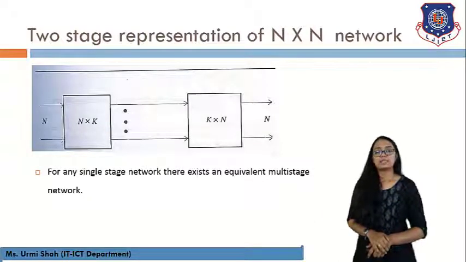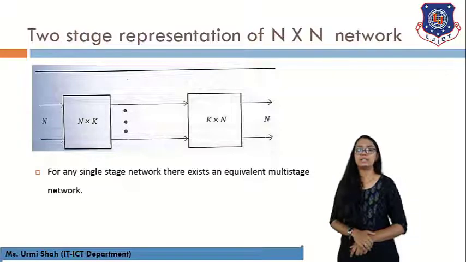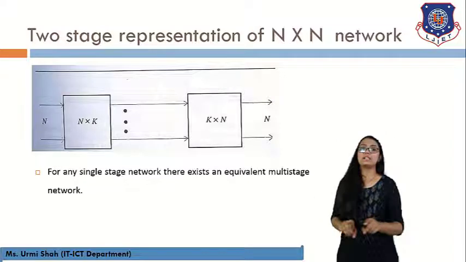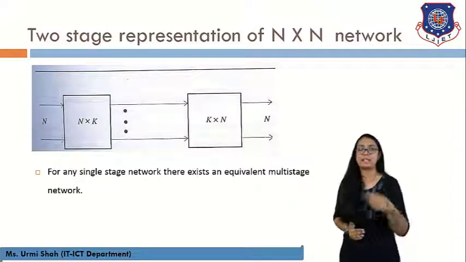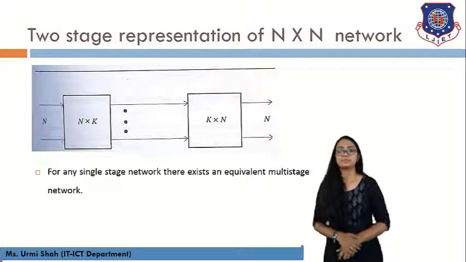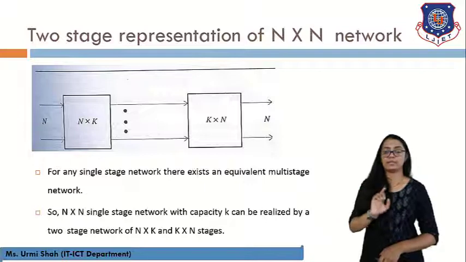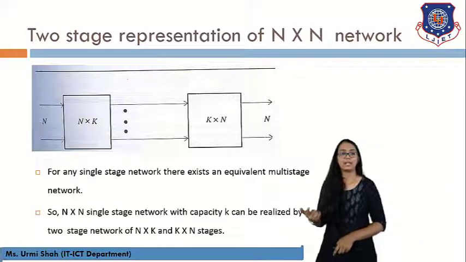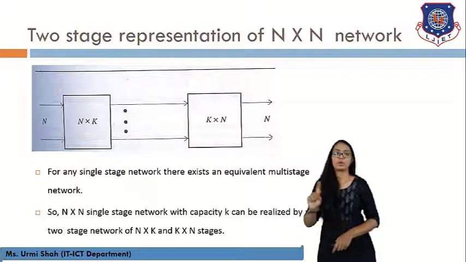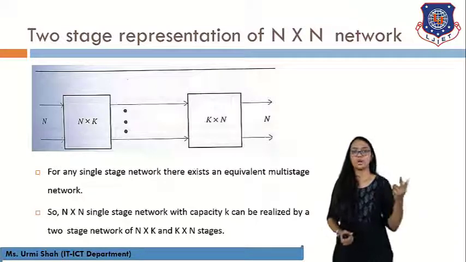For any single stage network, there exists an equivalent multi-stage network. So this is a complete multi-stage network which is kept inside a single stage network. Next, if you have an N cross N network and instead of N I keep 2, then it becomes a 2 cross 2 network, where I will have 2 inputs and 2 outputs.